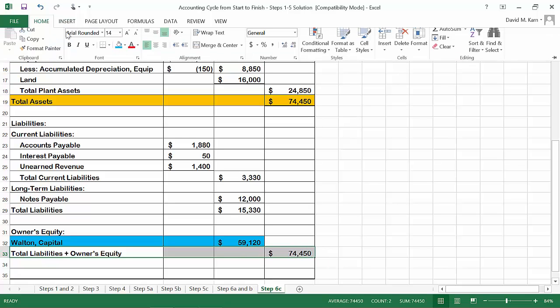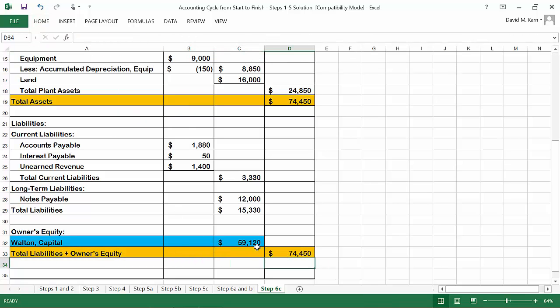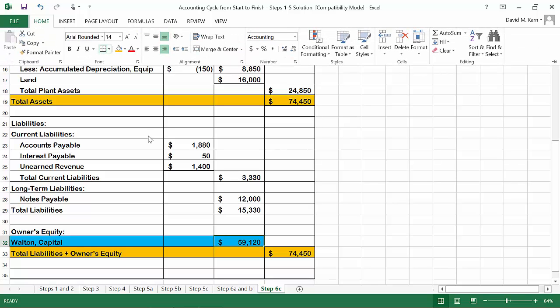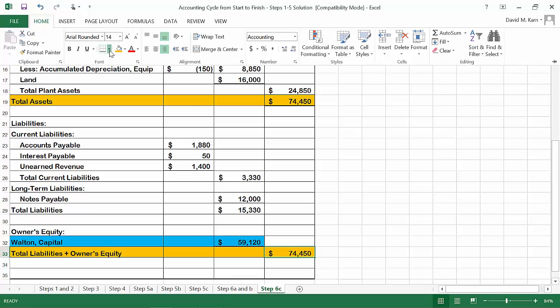A couple things to clean up here. Let's put this in yellow so we can see that that matches total assets. Let's put a line underneath this to show that we added the 15,330 plus the 59,120, and then we need to put a double line underneath this.